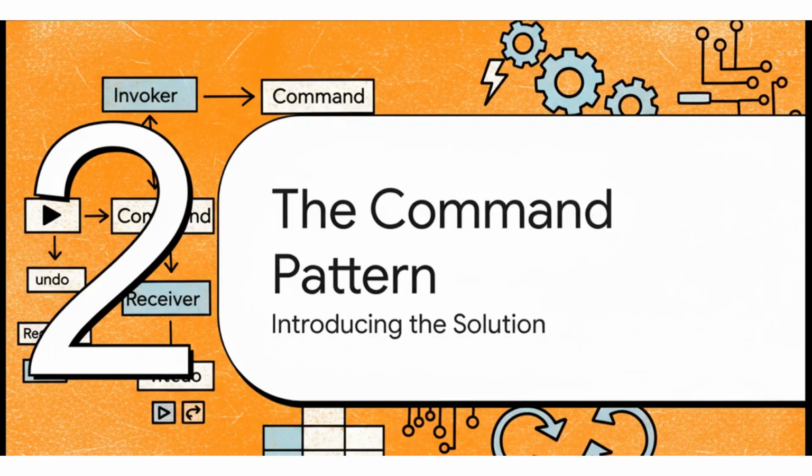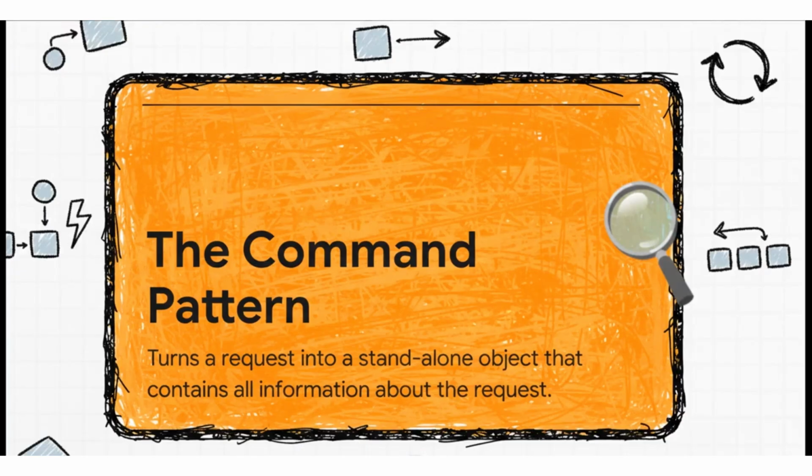So how do we untangle all this? Well, this is where the command pattern makes its grand entrance. It is specifically designed to solve every single one of these problems by introducing a powerful layer of abstraction. Let's break down how it works. The core idea is actually really simple, but it is profound.